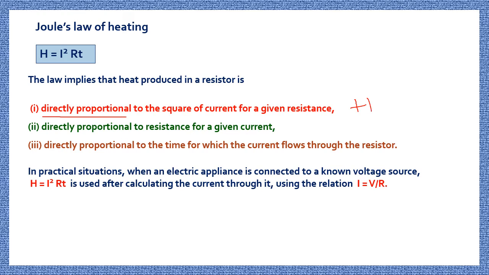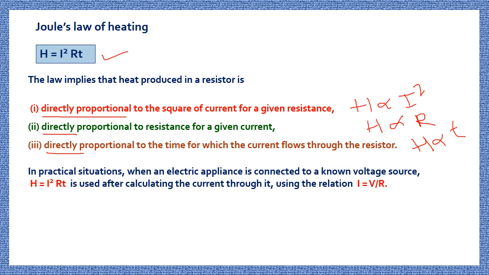The other point is it is directly proportional to the resistance. So H is directly proportional to R. Here from the formula it is clear. And the third is H is directly proportional to the time. If time is more, then heating will be more.